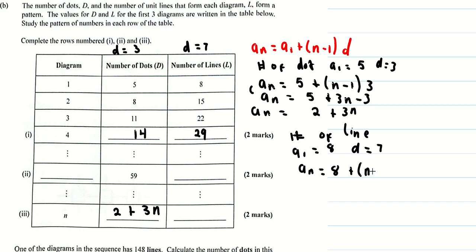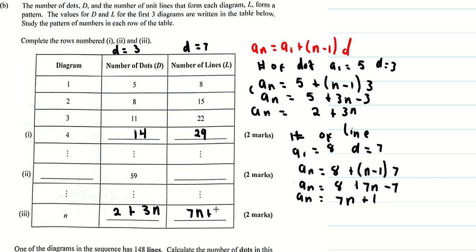We're looking at the n term, so it will be n minus 1 by 7. So an would be 8 plus 7n minus 7. So that is an is equal to 7n plus 1, and 8 minus 7 is 1.